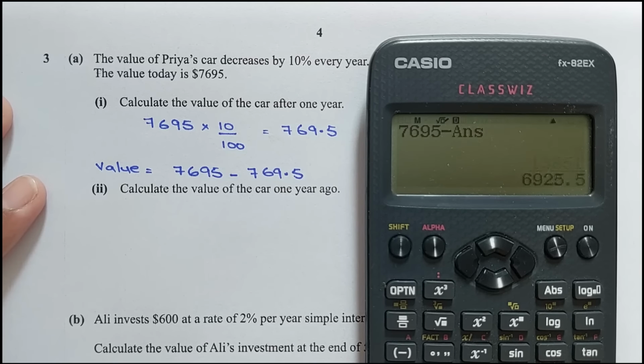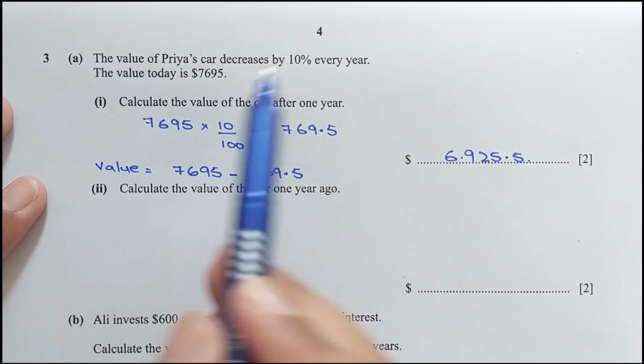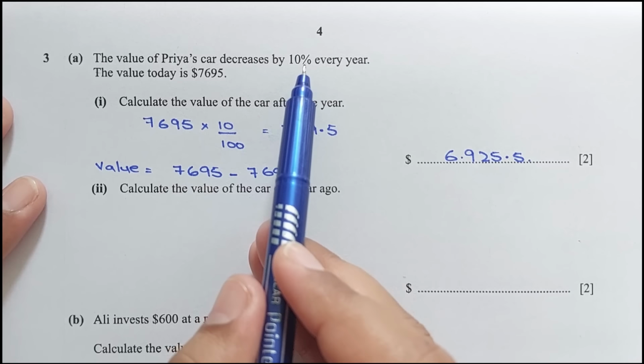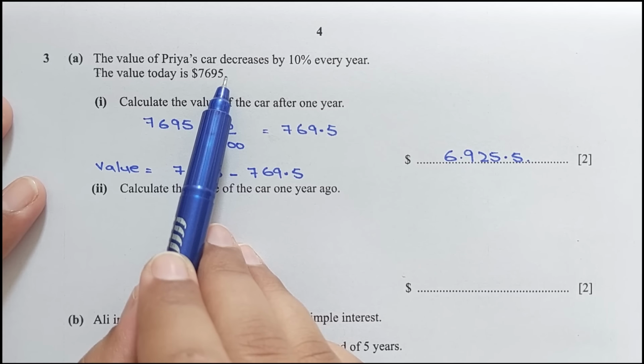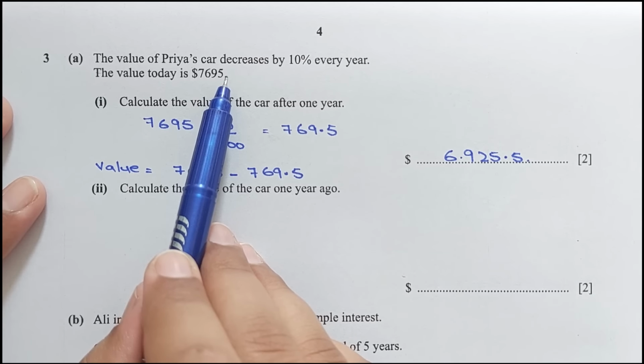As we know, the value today is this much, and each year there is a decrease of 10%. So first we find 10% of this, and from the total we subtract the decrease of 10%. So we get the value of the car after 1 year.